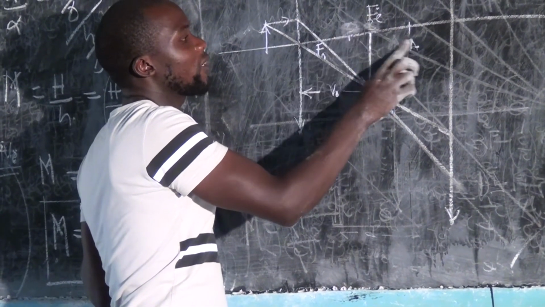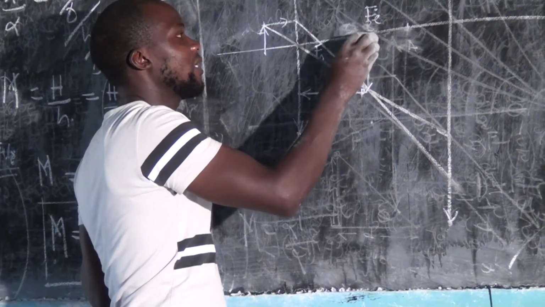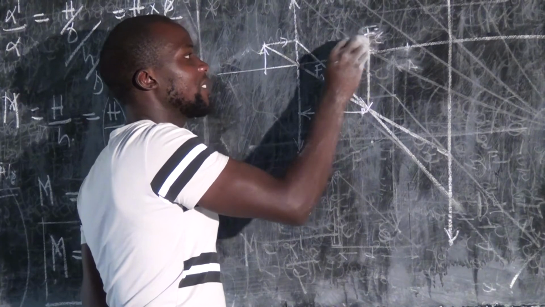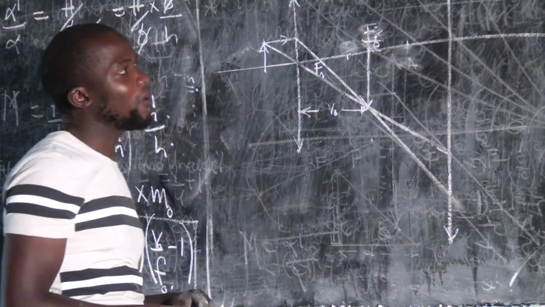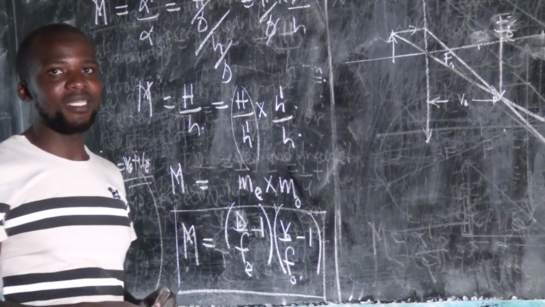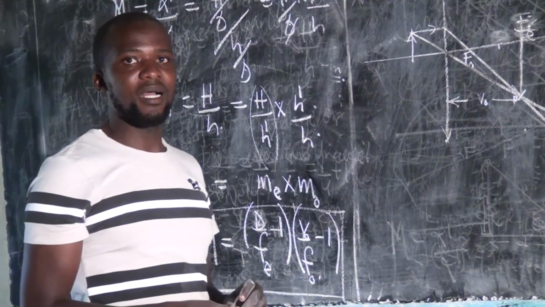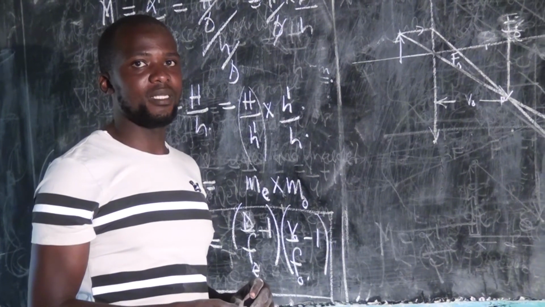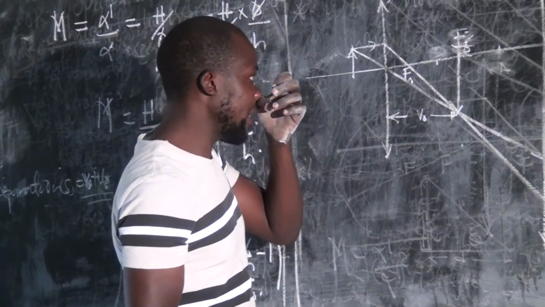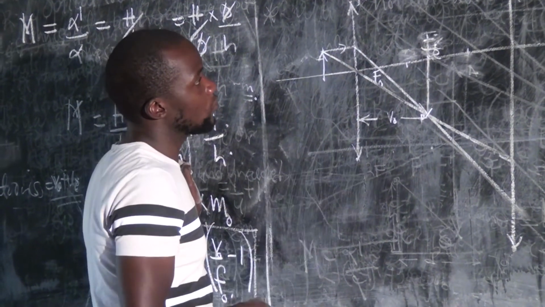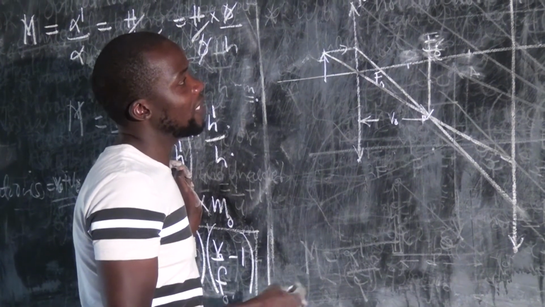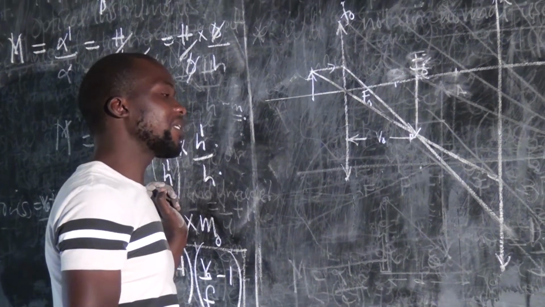Every time I want to form an image at infinity, the object must be placed at the principal focus, or in the focal plane, of a lens that claims to form a particular image at either infinity or at a near point.